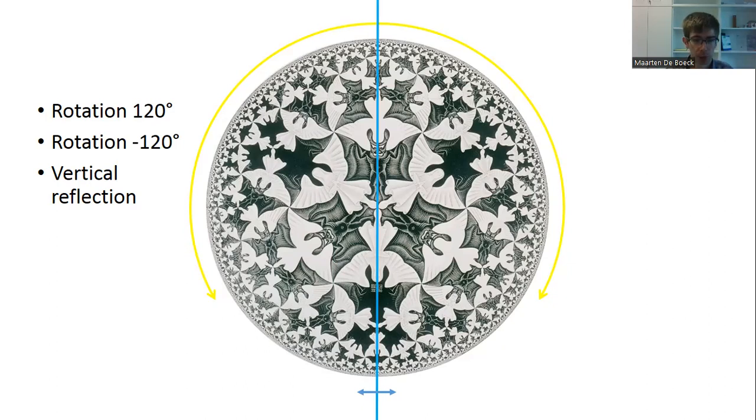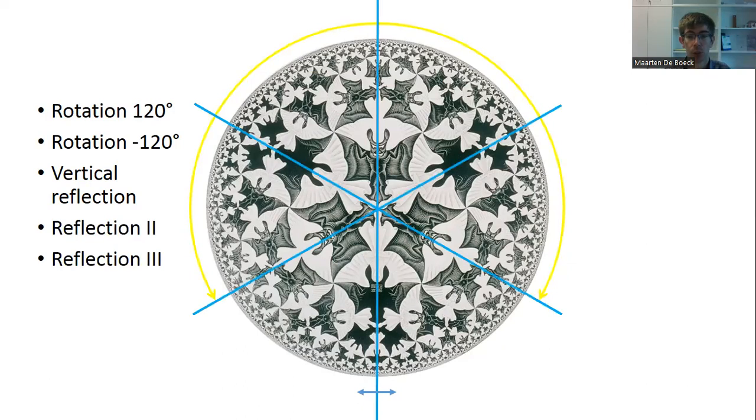Of course, you've spotted this reflection, and then you realize that there are two more reflections that I could have applied to this object. So we have spotted already 5 symmetries. Symmetries as things I can do with the objects without you noticing. There is a 6th one.